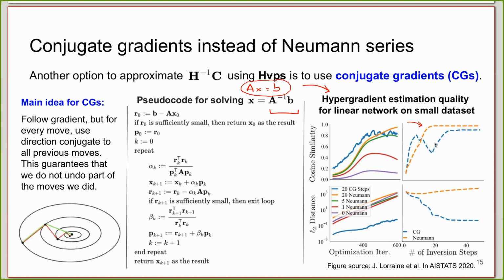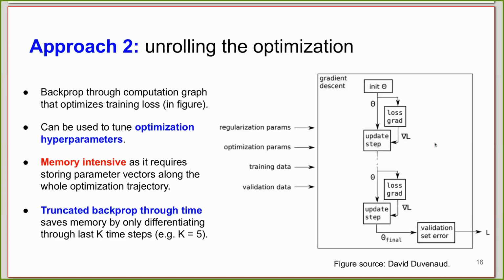We are doing approximations. We are approximating the inverse Hessian times a matrix with a power series or with a conjugate gradient method. And this power series or the conjugate gradients operate using Hessian vector products.